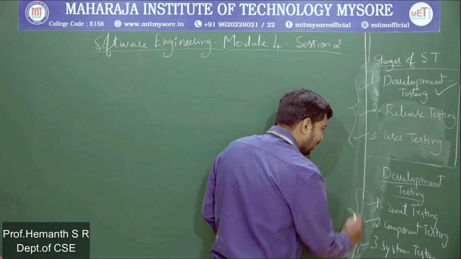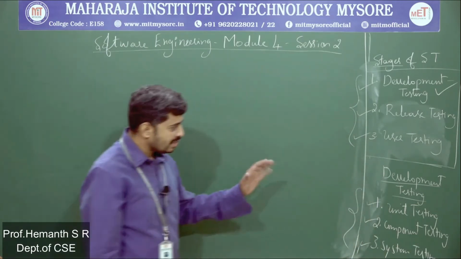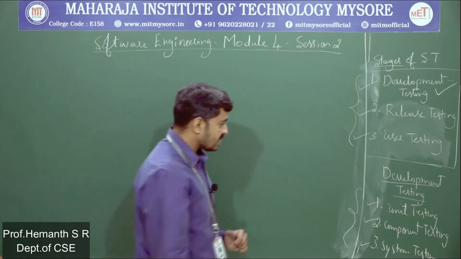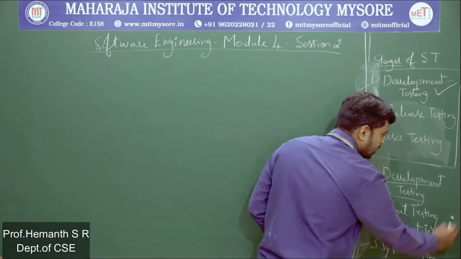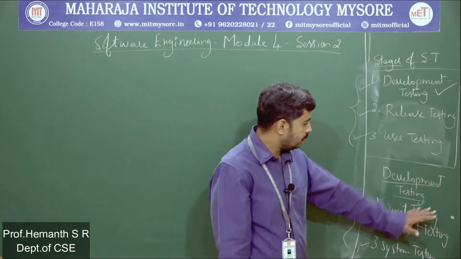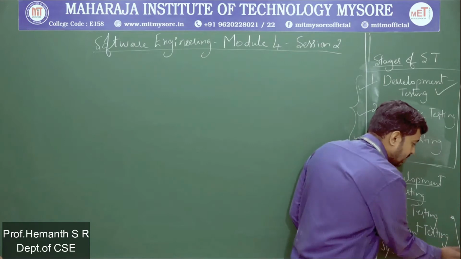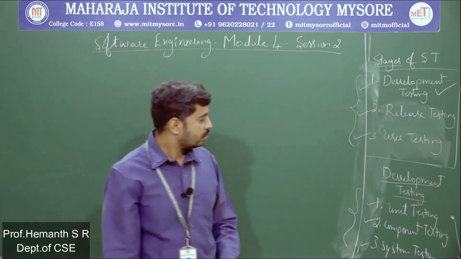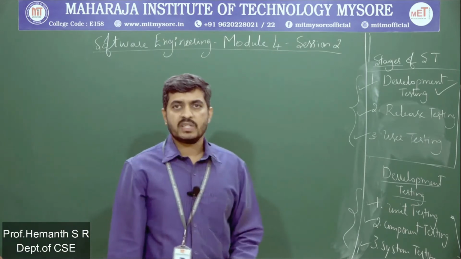So these are three levels in which you can do development testing, and we understood we can start from the lowest level in the software design or component, and go up to the highest level, bottom to top. This is what we explored in the previous session.